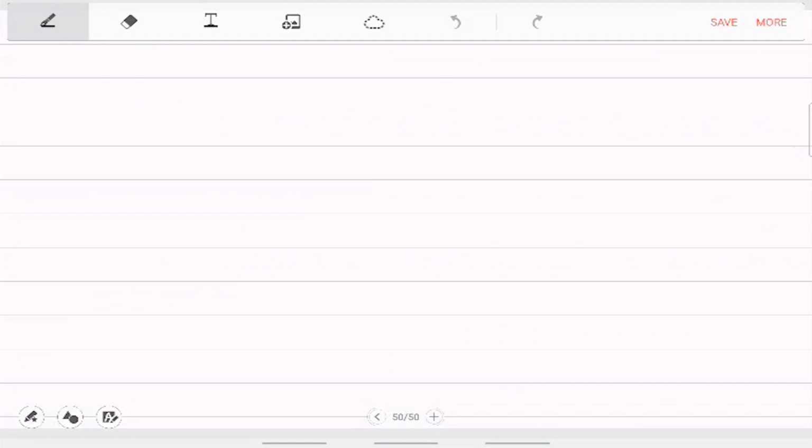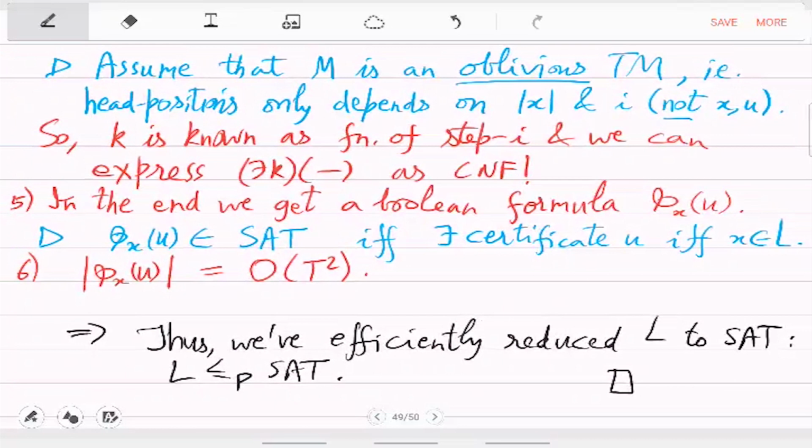And in fact, this CNF formula phi that we constructed, we can make it even more special.